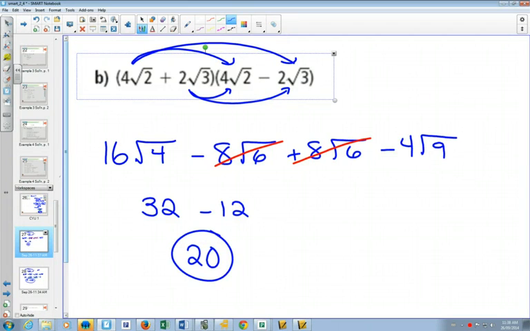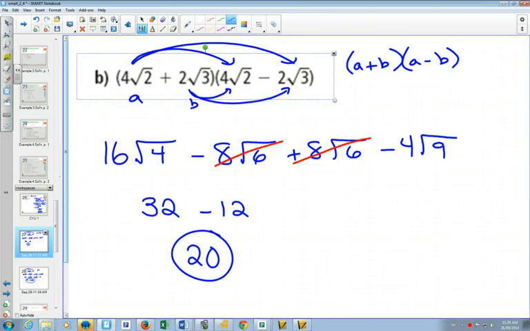Notice that all the radicals disappeared. This is because the way this question is set up is I'm going to call 4 root 2 a, and I'm going to call 2 root 3 b, so that I can write it as this question was a plus b, and in the second one it was a minus b.